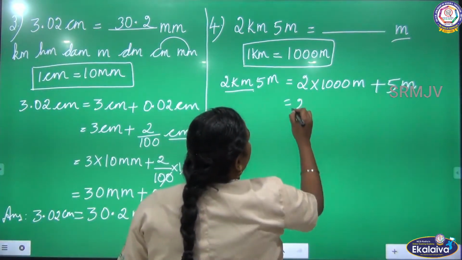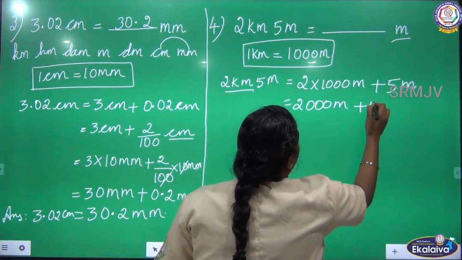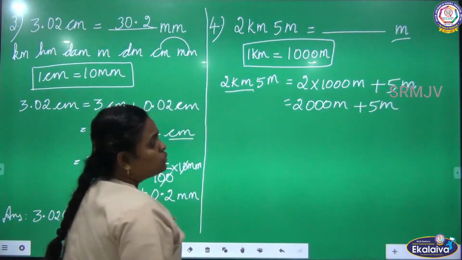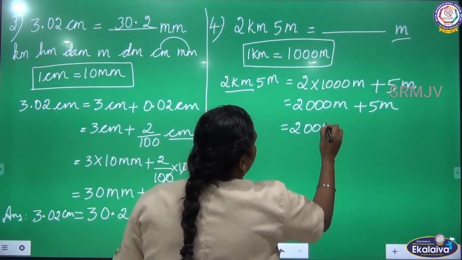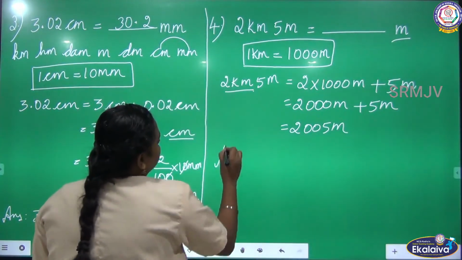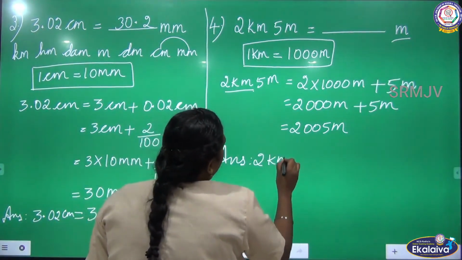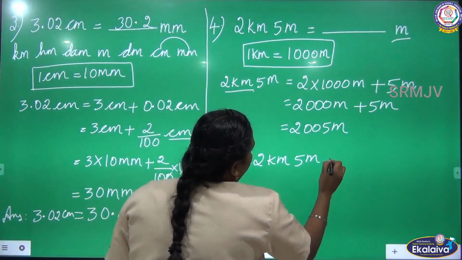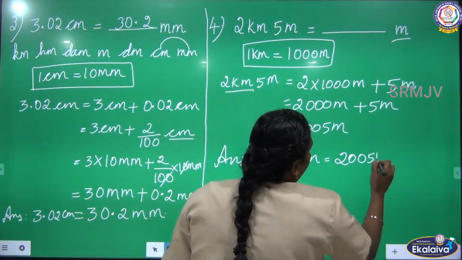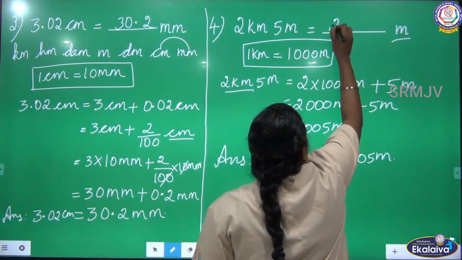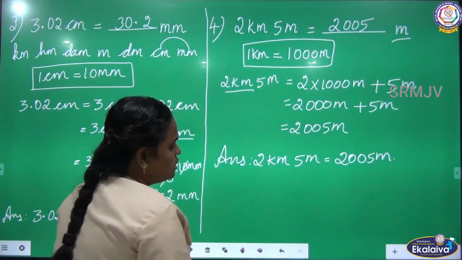So 2 into 1000, 2000 meter plus 5 meter. So 2000 plus 5, 2005 meter. So what is the answer? 2 kilometer 5 meter equals 2005 meter.